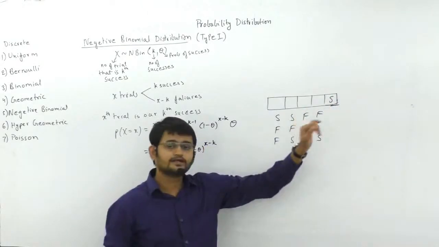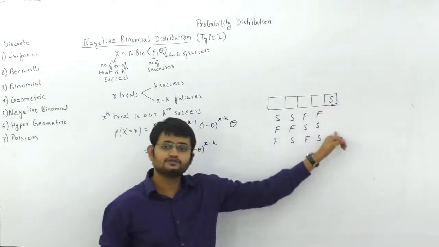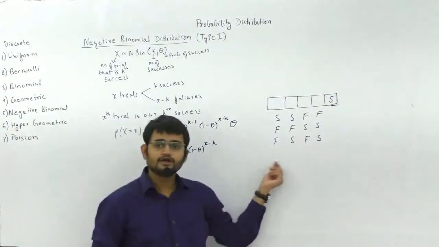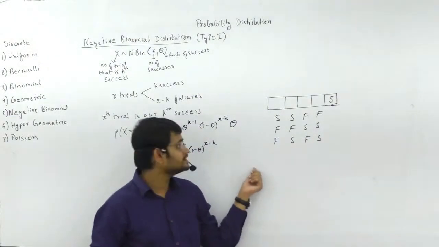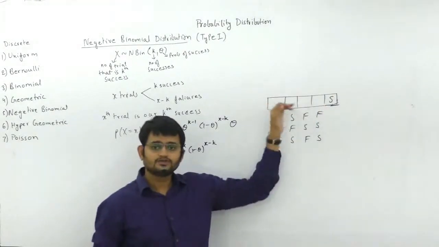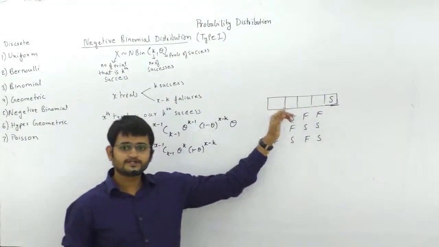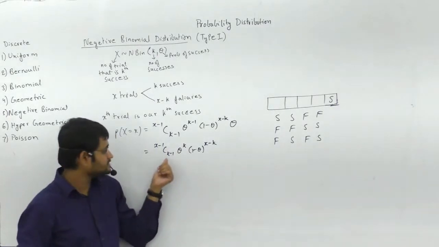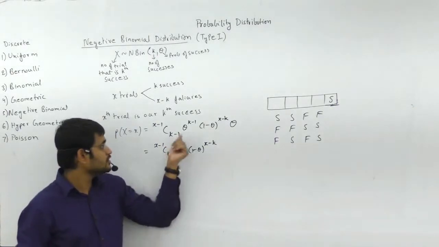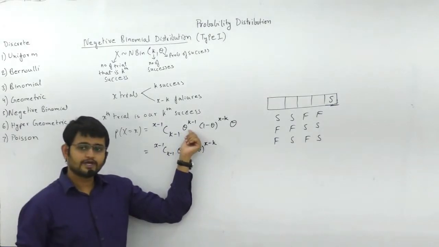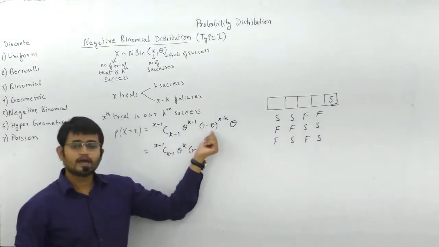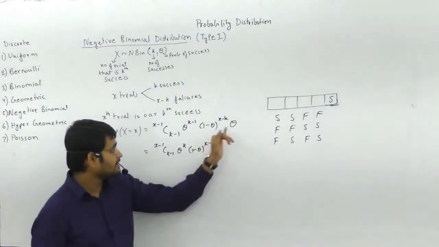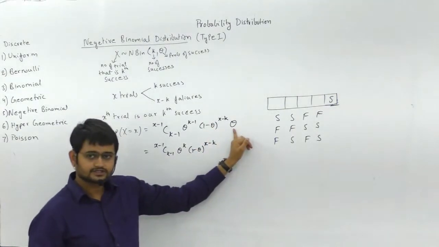So the last success has its position fixed. The other successes and failures can have any position in these x minus 1 trials. So out of x minus 1 trials, I select k minus 1 positions to arrange my k minus 1 successes, then arrange my x minus k failures, and then the last success.